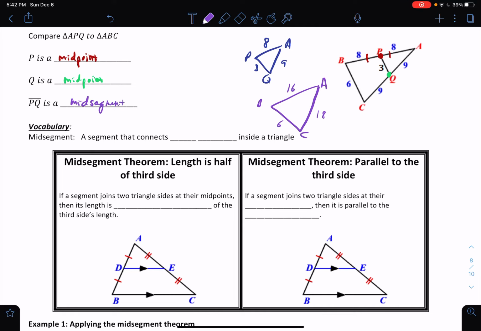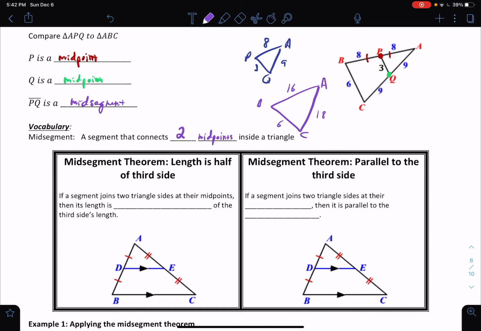So a midsegment is a segment that connects two midpoints inside a triangle. This is an extension off of our previous lesson, and we'll get into why in these two theorems.